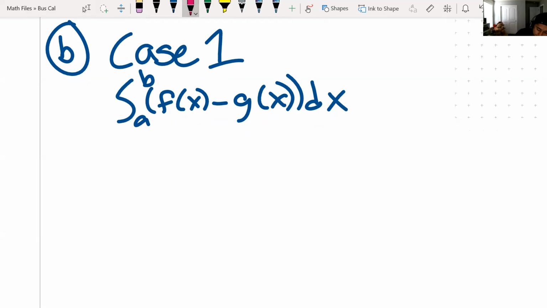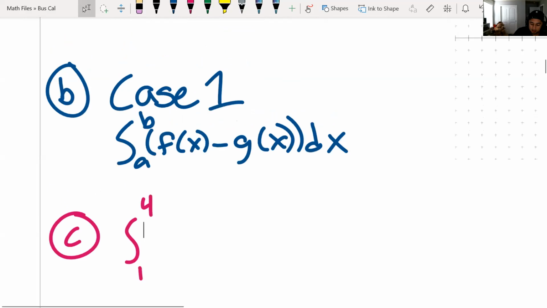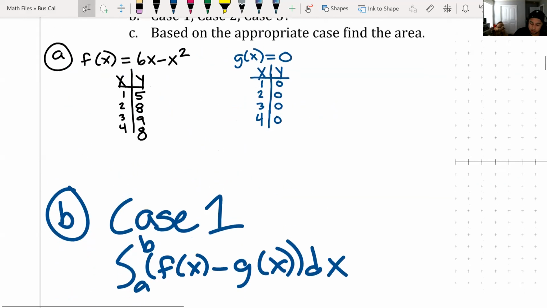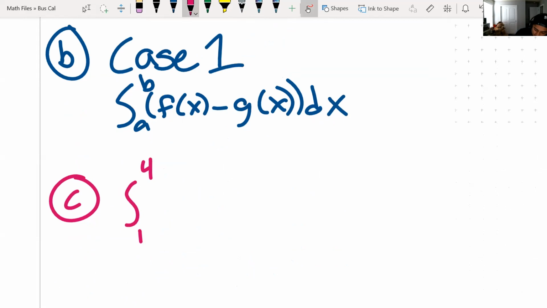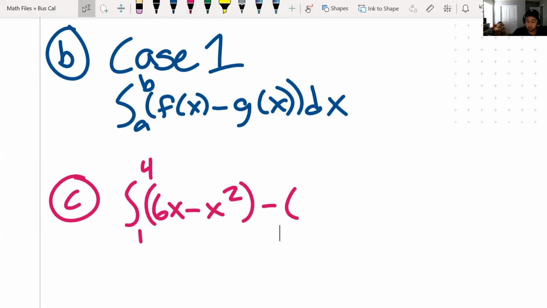All right. Step C. We're going to have the integral from 1 to 4 of what is f of x? F of x is 6x minus x squared. Right? F of x minus g of x. Well, what's g of x?